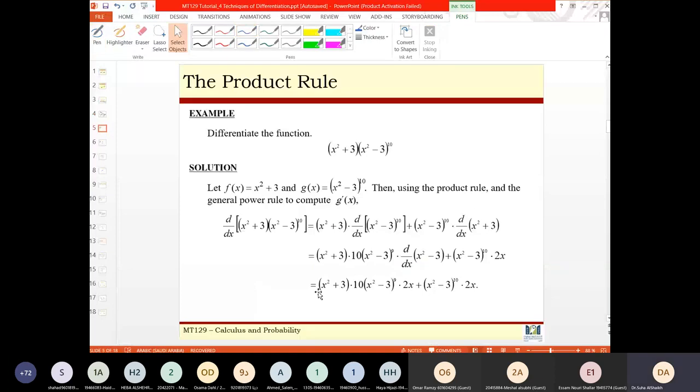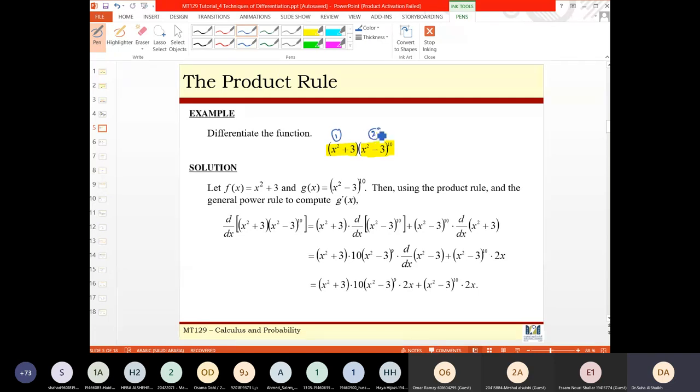Now we have this example: differentiate this function. The function is the bracket x squared plus 3 and another bracket (x squared minus 3) to the power 10. So you can see again it's a multiplication of two functions, right? We can say the first function is this, the second function is this.